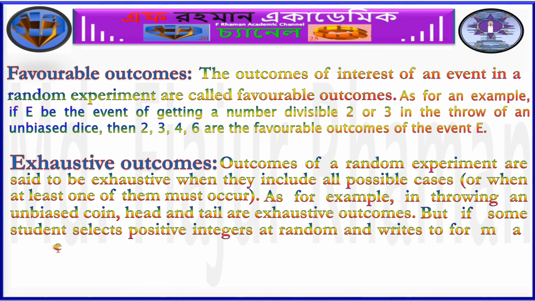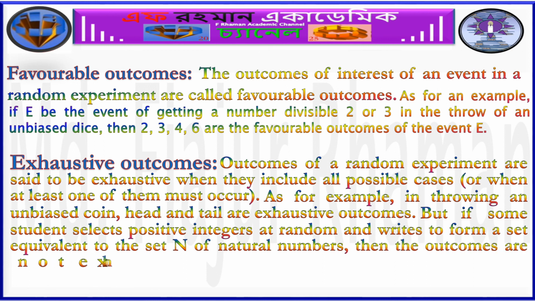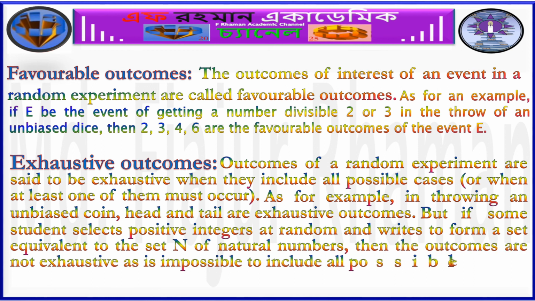But if some student selects positive integers at random and writes to form a set equivalent to the set N of natural numbers, then the outcomes are not exhaustive, as it is impossible to include all possible cases here.